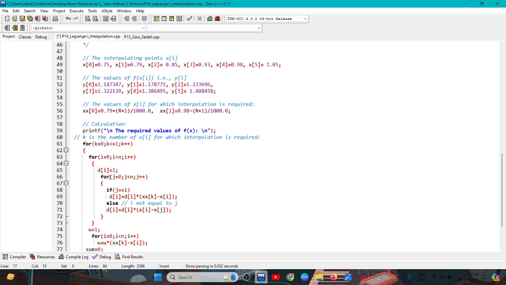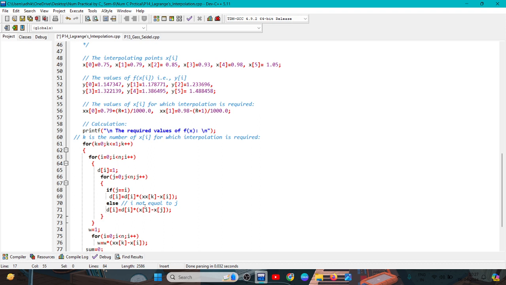Initially i equals 0, so d0 equals 1, j equals 0, so j equals i, and d0 equals the previous value of d0, that is 1, times xx_k. Here k equals 0, so xx0 means the value of x minus x0. So d0 equals x minus x0.